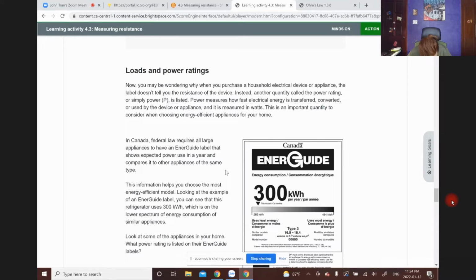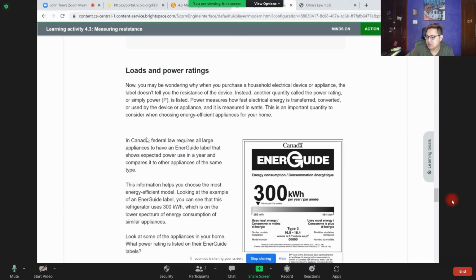This is an important quantity to consider when choosing energy-efficient appliances. So power simply means if your device is strong enough or not. Strong or not strong. But it also means how much electricity your device uses.